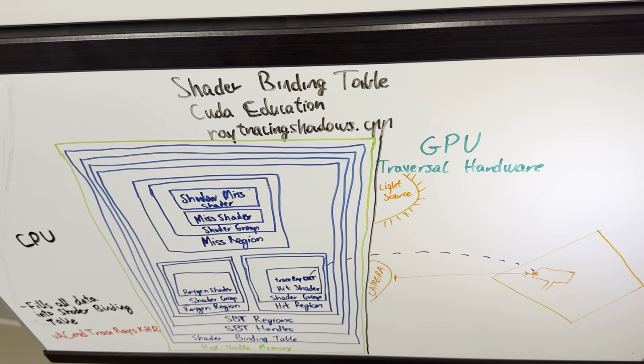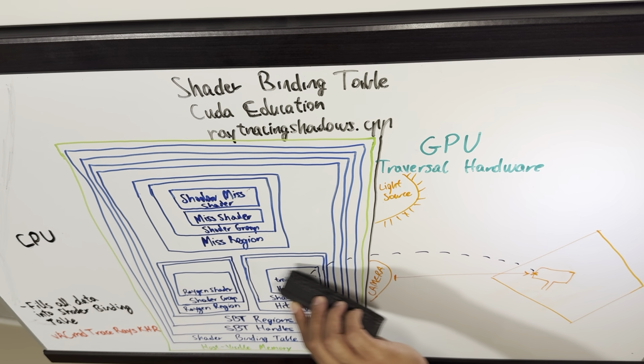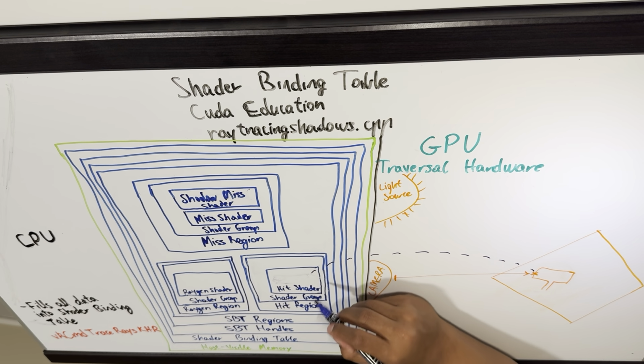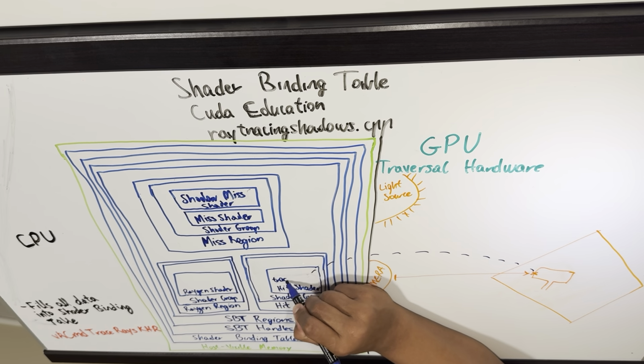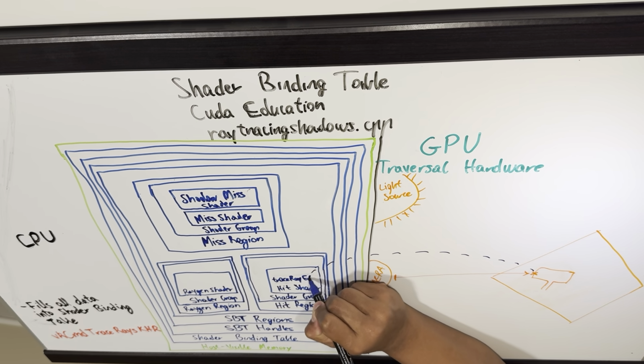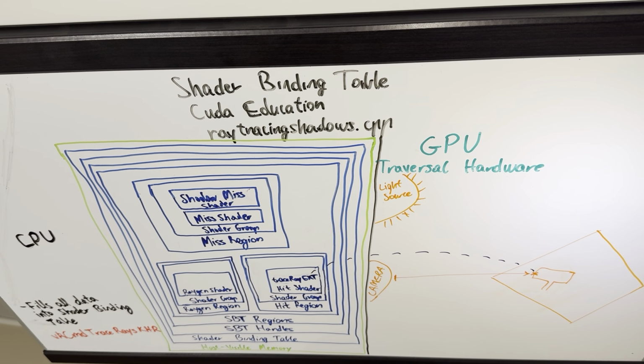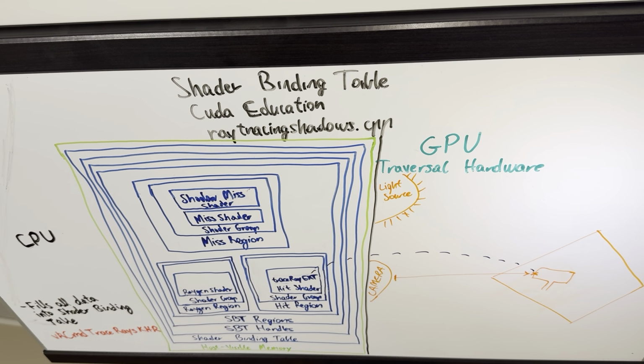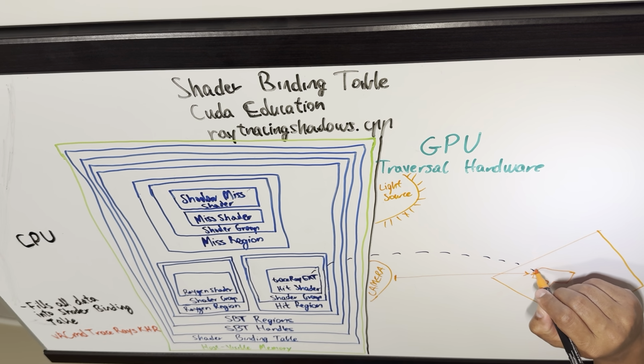All right, this trace ray ext is what activates the shadow test ray. So this now activates the shadow test ray.